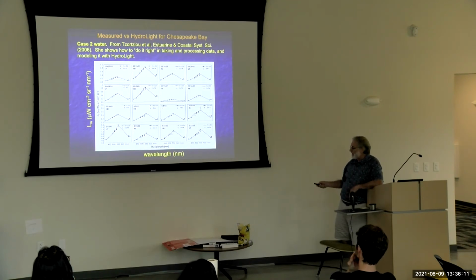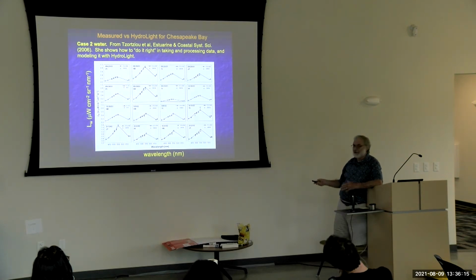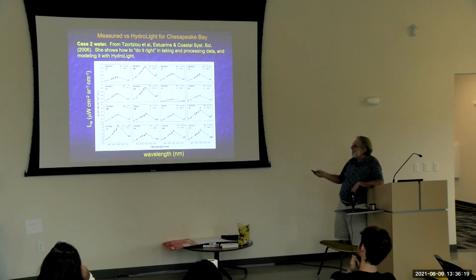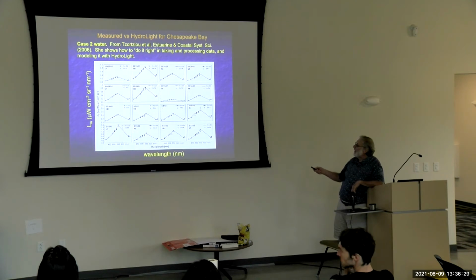But then finally at the end, here's LW, calibrated units, not even RRS, the real numbers for LW and the little symbols are the model, which is Hydrolight, and there's data in the little circles there. And these are different stations in Chesapeake Bay.